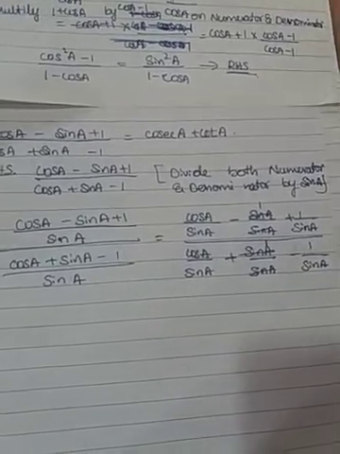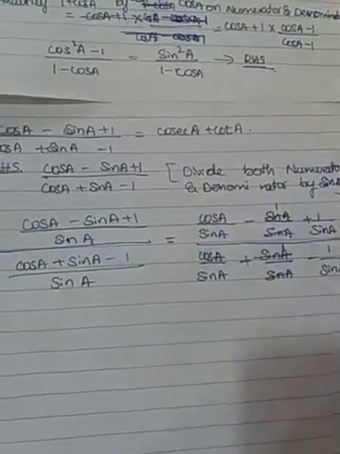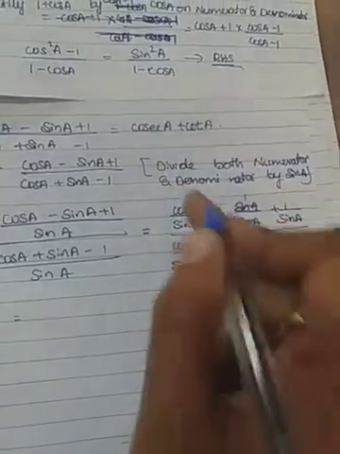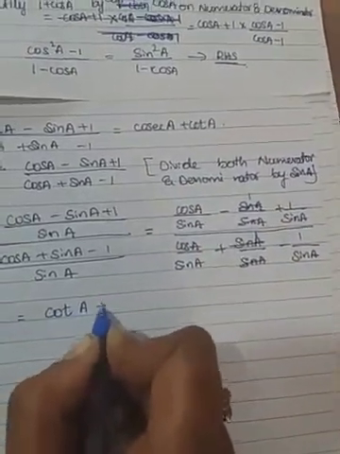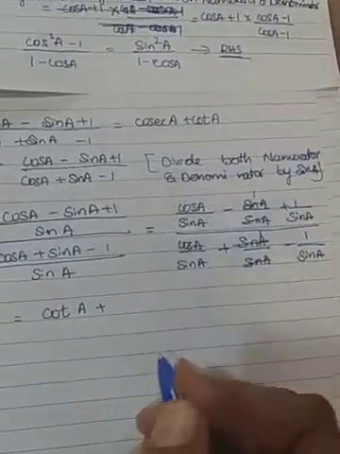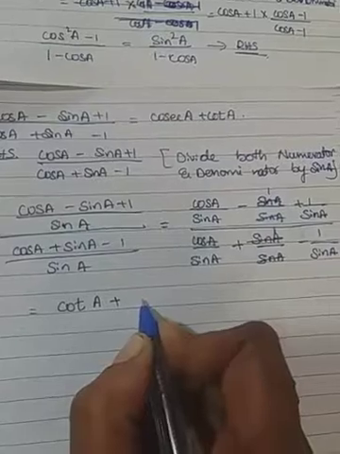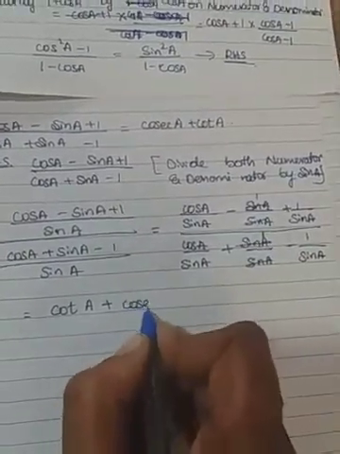Everybody knows that cos a divided by sin a is cot a. So we can write cot a, plus 1 by sin a, which is the reciprocal of cosecant a, so we write cosecant a.